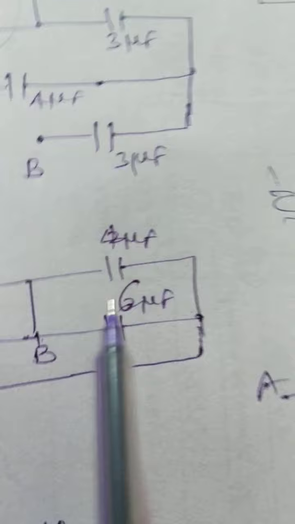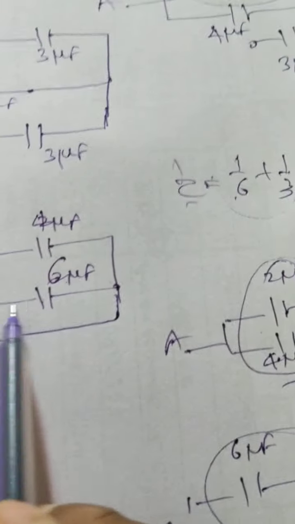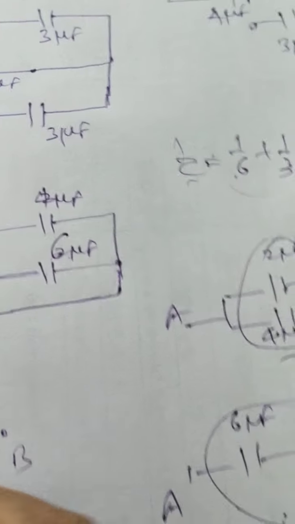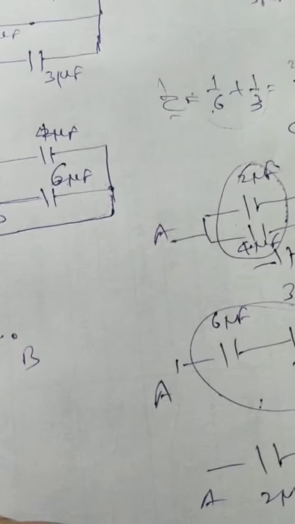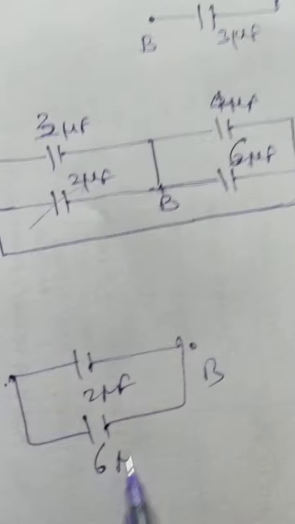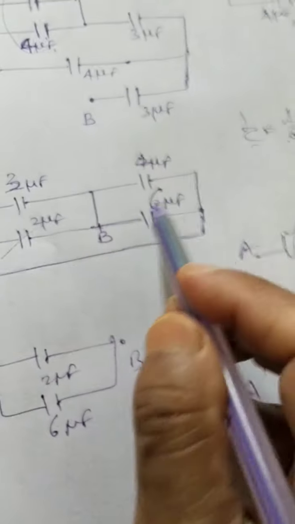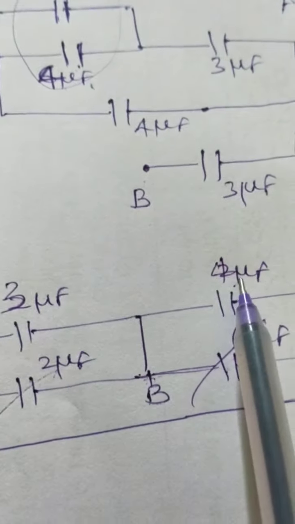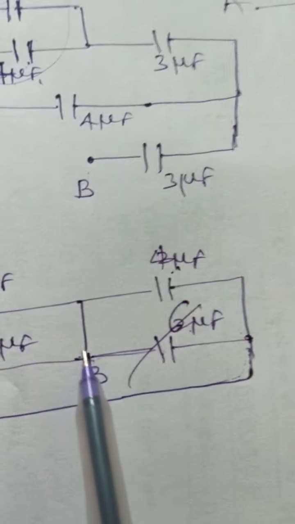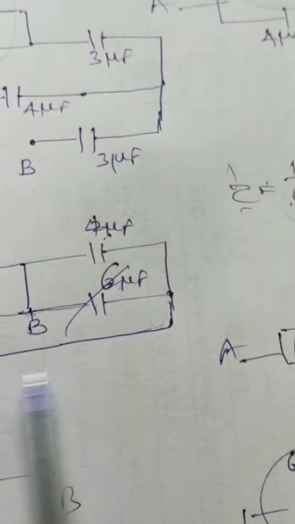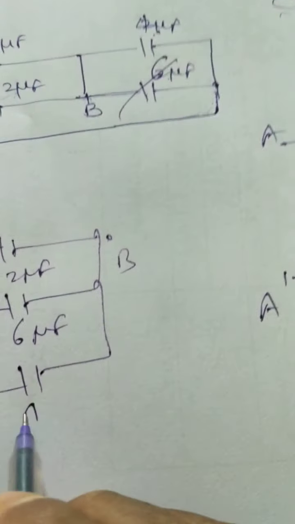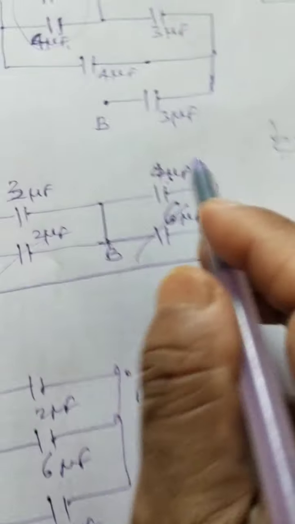Now look here, this 6 microfarad is connected between B and, at the second end, A. Means again, this is the 6 microfarad. This one is over. Now the third one, 4 microfarad, is connected between B and the second end to A. This is over.